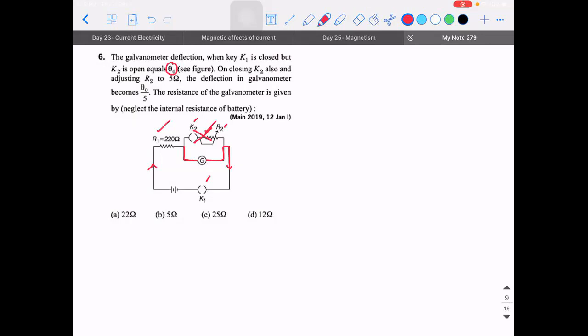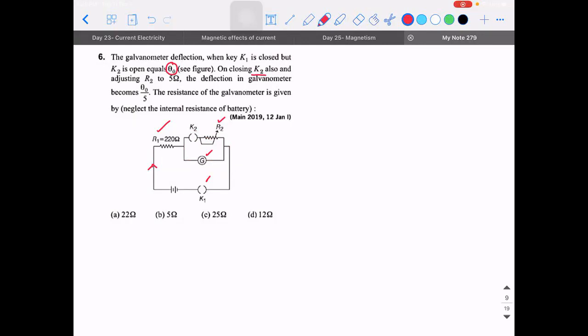Now they are closing K2 also, and K1 is not open. Try to understand, K1 is not open. Now they are closing K2 also and adjusting the value of R2 to 5 ohm. Now they are observing the deflection in the galvanometer. It becomes 1/5 of its original value.